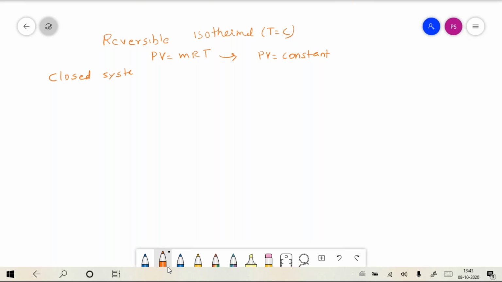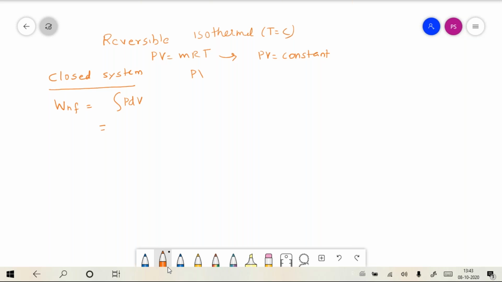the non-flow work transfer is integral of P dV, that is the area under the process line on the PV diagram, and because PV is equal to constant, P is equal to C upon V. So put it over here.